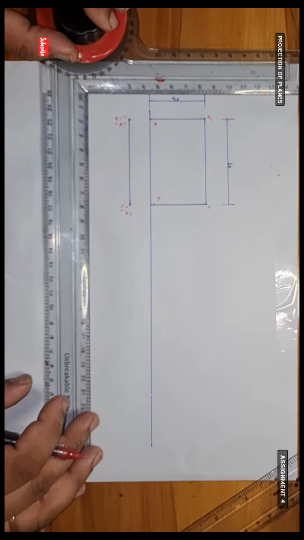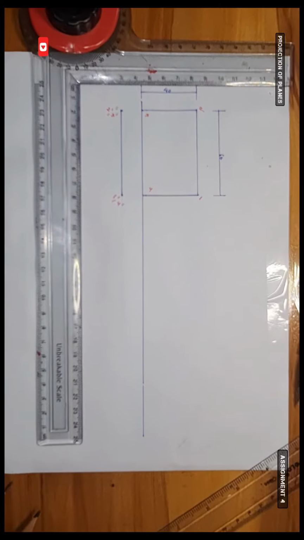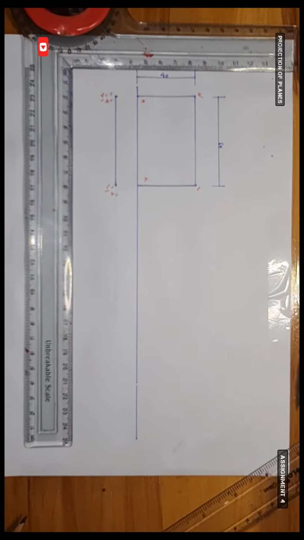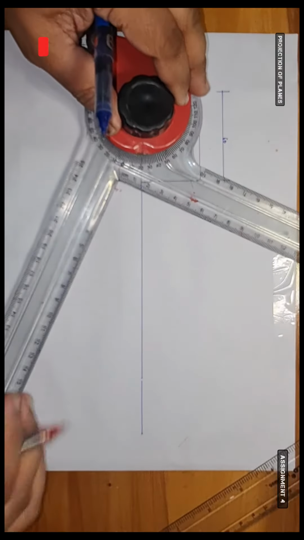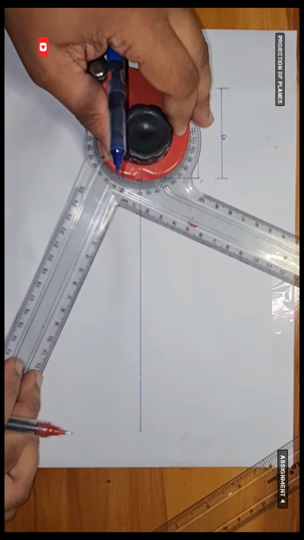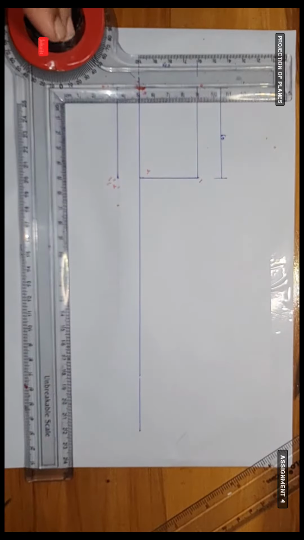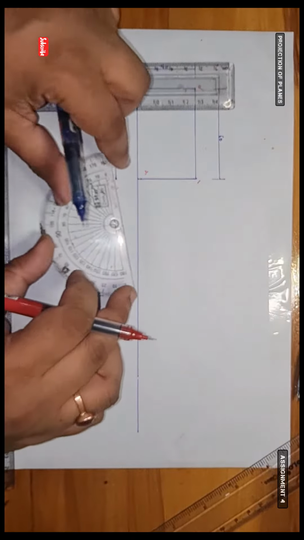For making an angle with the VP, we have to just rotate the top view. So for the length of the top view, you take any point over here and make an angle of 30 degrees with the VP.